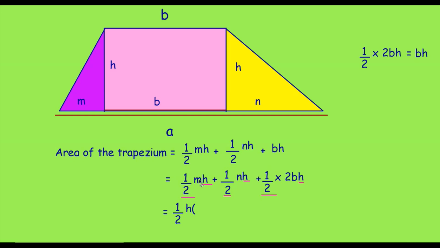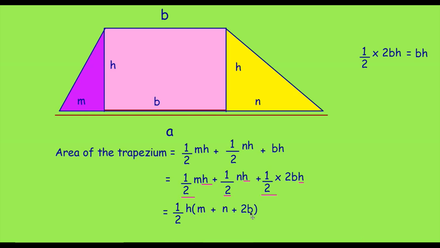Then in the first term we took half h common, so what is remaining? There, m. So half h into m, plus in the next term, half h we took, what is remaining? Yes, plus n, plus here half h we took outside, then the remaining is 2b.